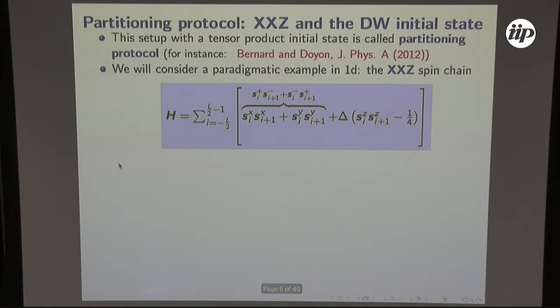Okay, so this is the setup. Of course, it's a very physical question, especially if you have some system which is partitioned in two halves, understanding how, for example, energy will flow from the left to the right, or particles will spread from left to right if you have some inhomogeneous initial state.